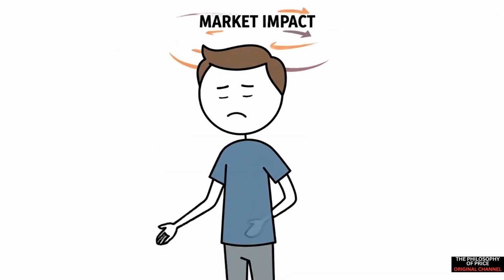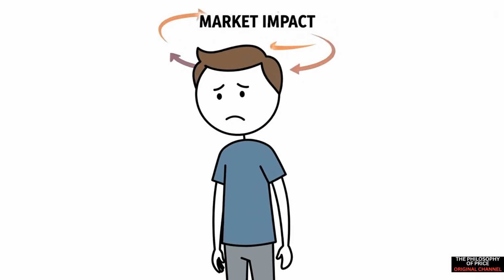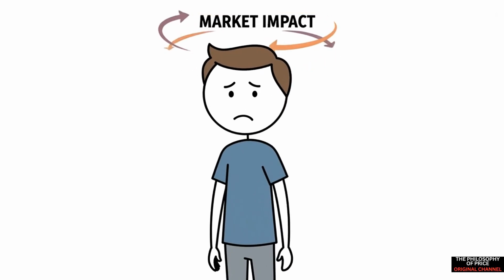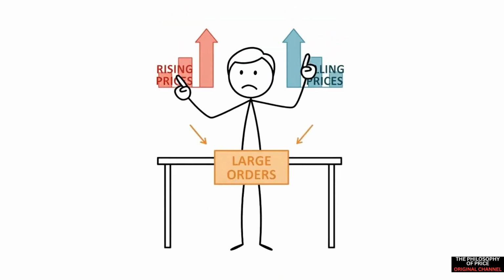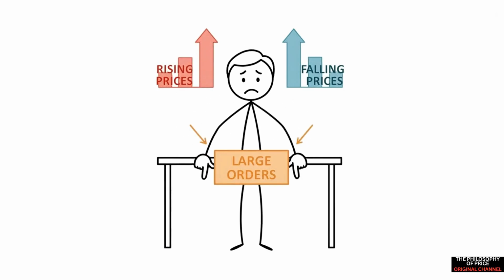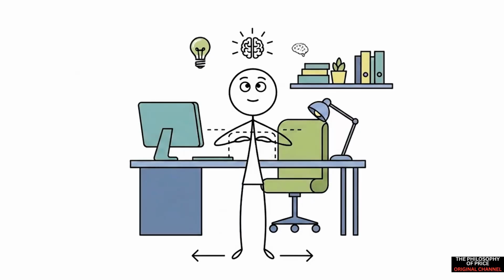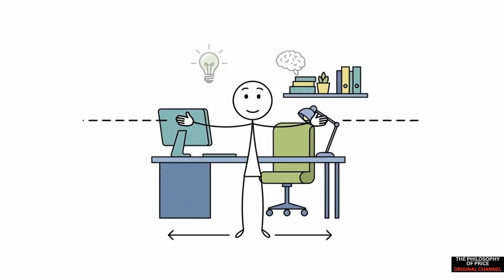The reason lies in market impact, a phenomenon where substantial orders cause the market to react unfavorably. Your own purchase pressure drives prices higher, while selling large volumes pushes them lower, resulting in poorer execution for bigger trades. So, what strategy do these institutions employ to mitigate this effect?